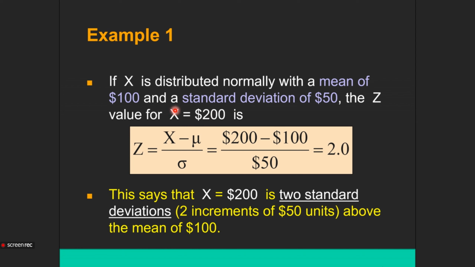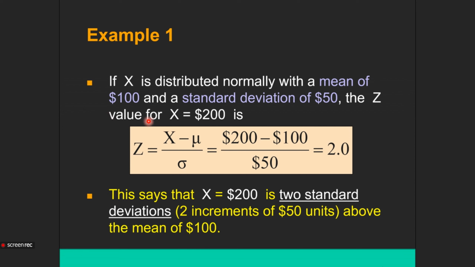So it simply means that a z value of 2.0 is what corresponds to a random variable x, which is equal to $200. Now in practical terms, what does this mean? This means that our x being equal to 200 is 2 standard deviations above our mean of 100.